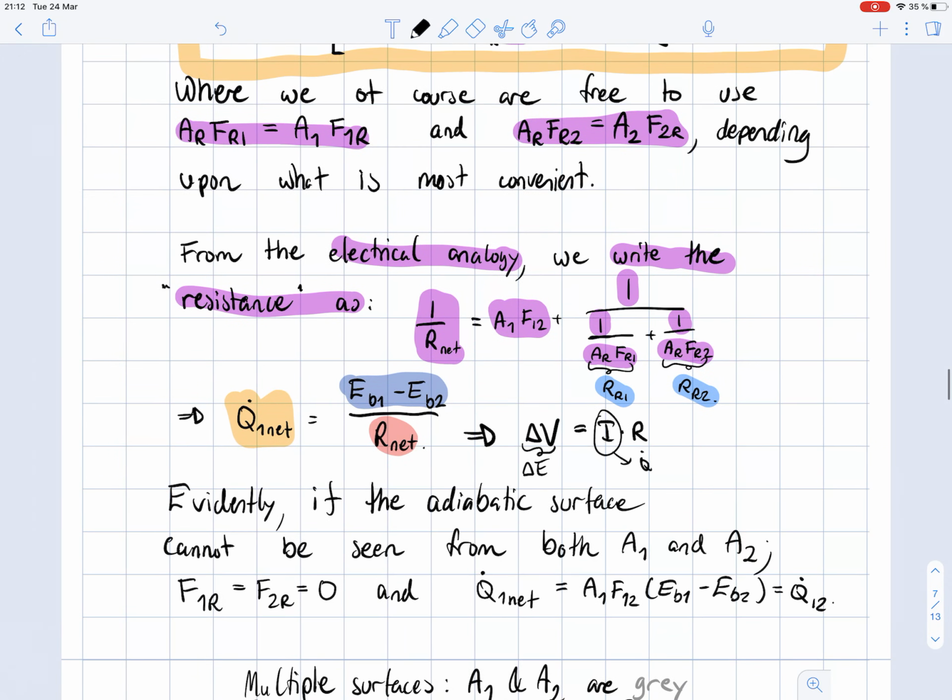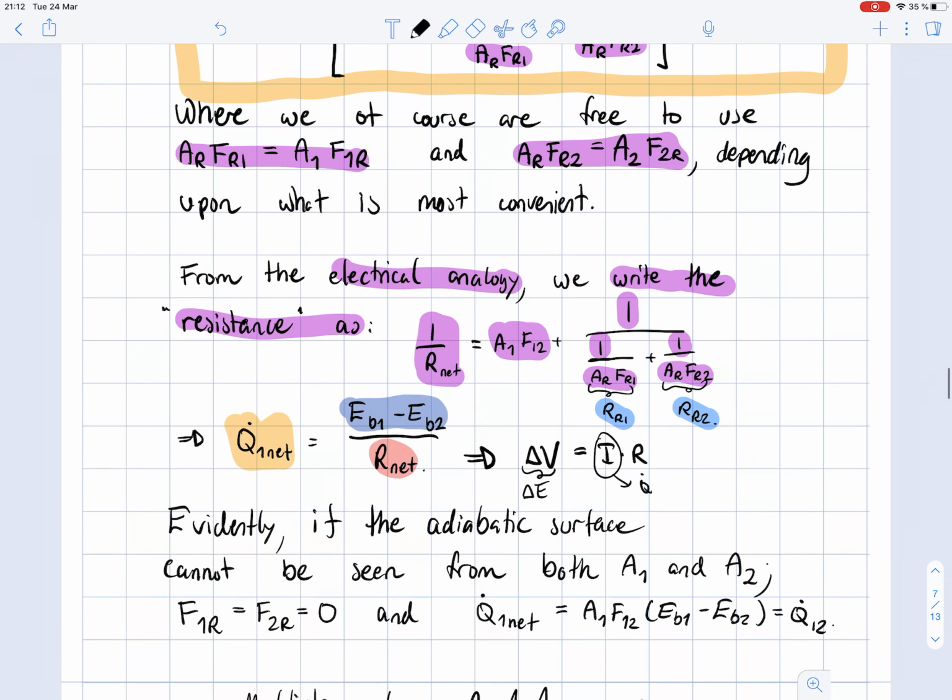So some evident observations. Of course, if the adiabatic surface cannot be seen from both A1 and A2, then F1R will be equal to F2R, which equals 0.